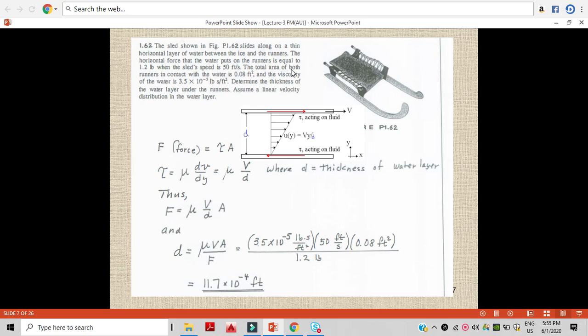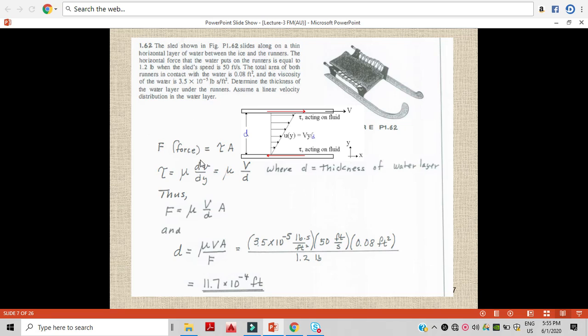The total area of both runners in contact with the water is 0.08 square feet. The viscosity of the water is given. This is the value of the viscosity. Determine the thickness of the water layer under the runner. Assume a linear velocity distribution in the water layer.